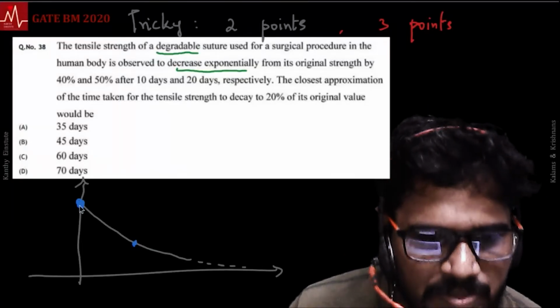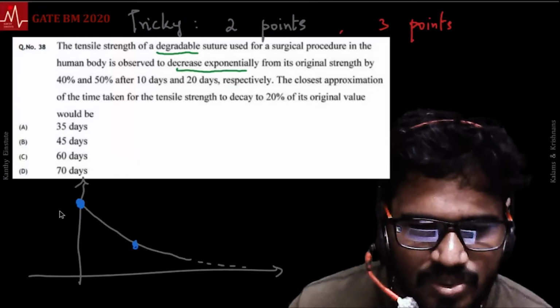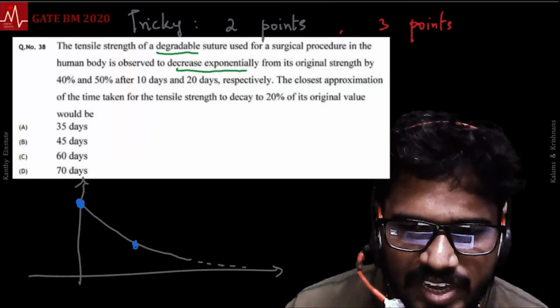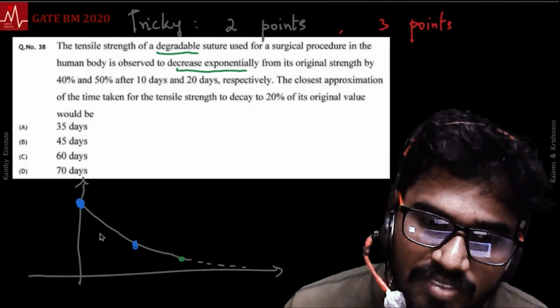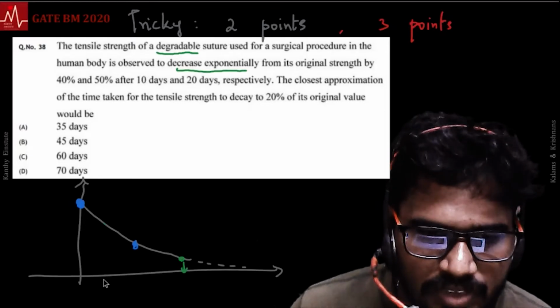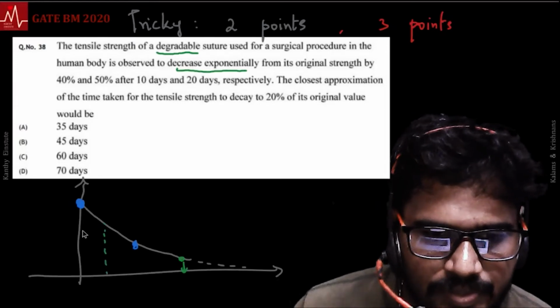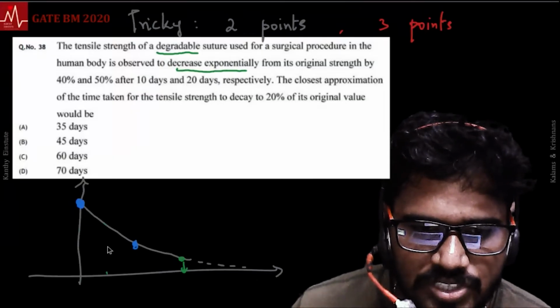Time and value are known at 2 points. You can find the time constant, the value at any other time, and given a value, you can find the time. So with 2 points, you can fit that exponential curve.